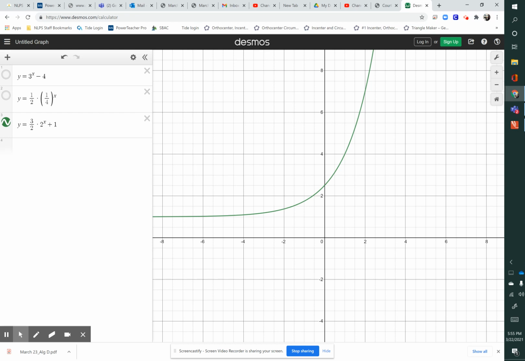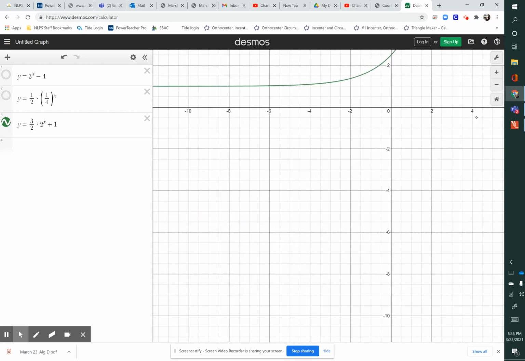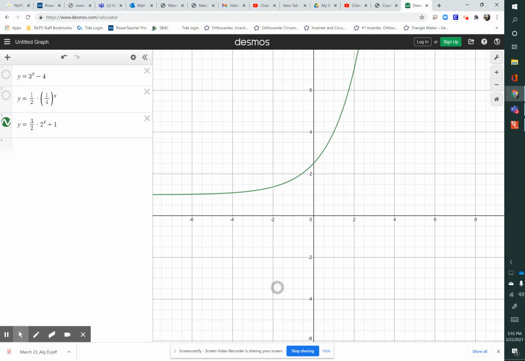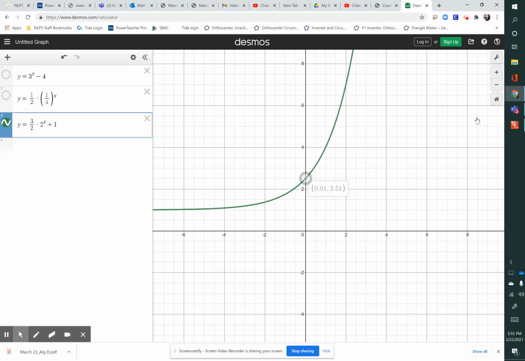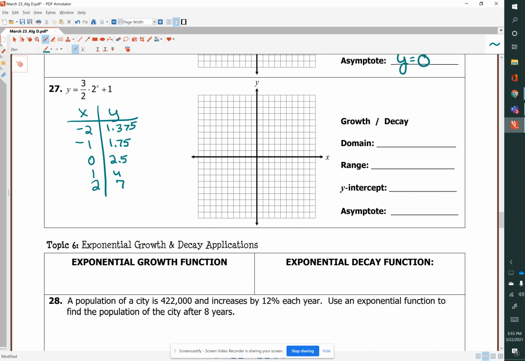The domain is all real numbers. The y-intercept is 0, 2.5, so 0, 2.5 on the y-axis. And our asymptote is y equals 1, so our range is y is greater than 1. So it's a growth function.